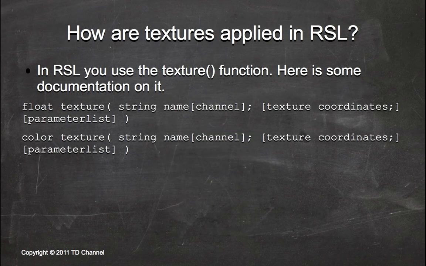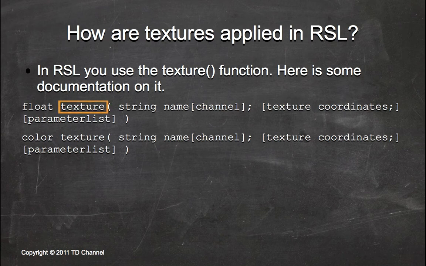So how are textures applied in RenderMan shading language? Well, in RSL you would use the texture function, and here is a little bit of documentation on it. Basically, first you type the type of data that you're trying to read. If you're trying to read a float, for example if you have a grayscale map, you would usually prepend it with the word float.